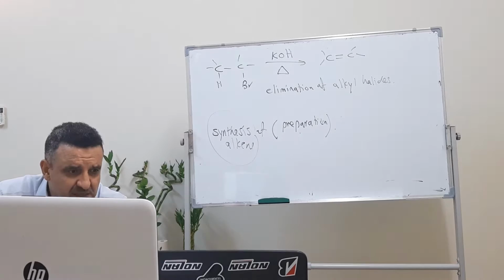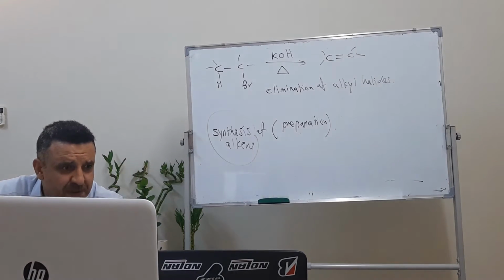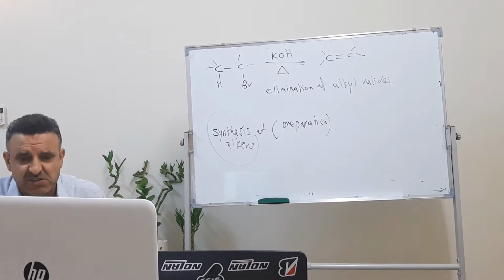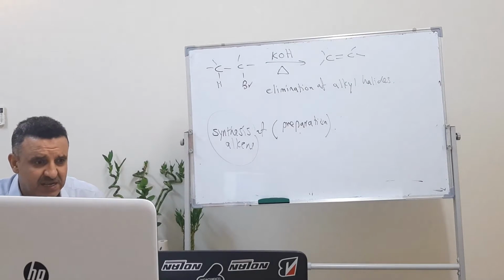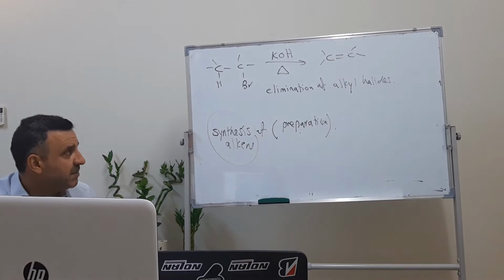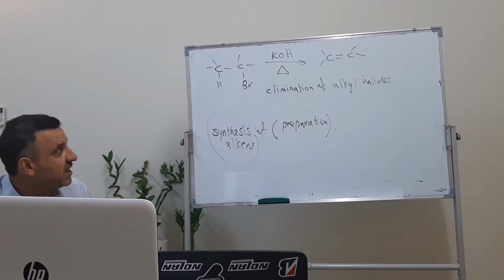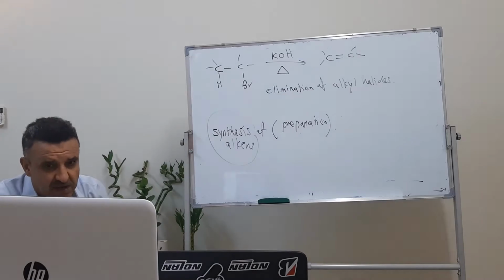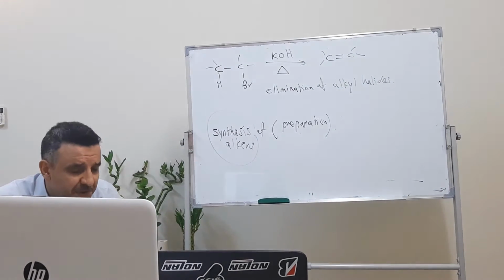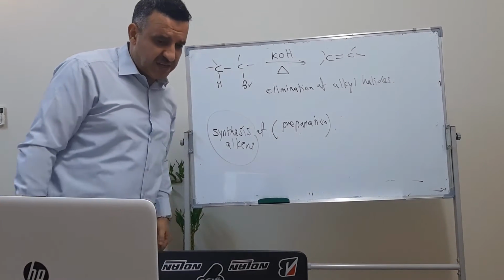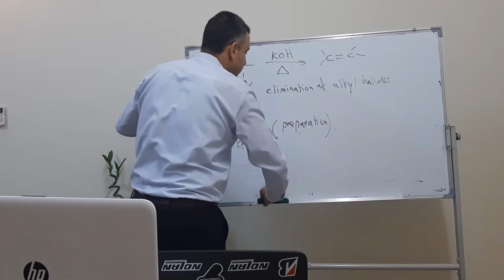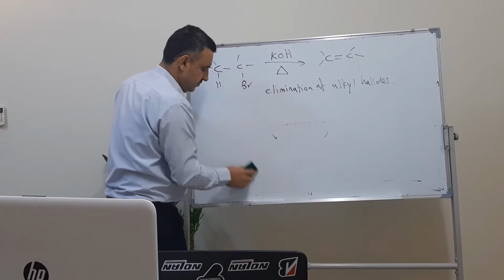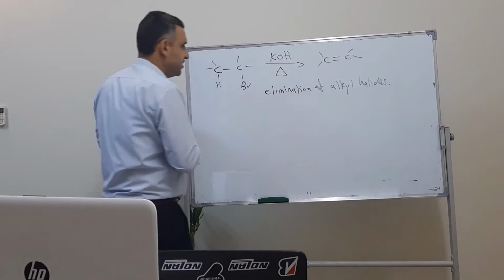One way to prepare the alkene is from elimination reaction of the corresponding alkyl halide. Or it can also be prepared by dehydration of the corresponding alcohol. So this is the first method.